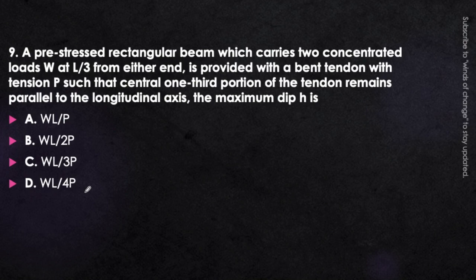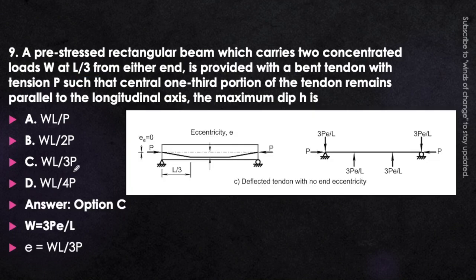There are two concentrated loads acting at L by 3 distance from each end. In the pre-stressed rectangular beam, the tension developed in the tendon is P, and the middle 1/3 portion of the tendon remains parallel to the longitudinal axis. Then the formula for maximum dip will be option C, that is WL upon 3P.